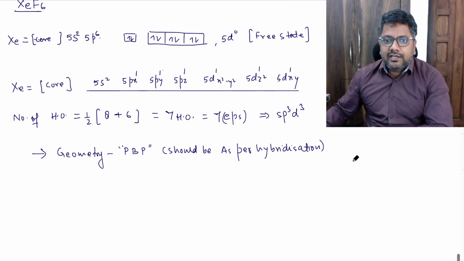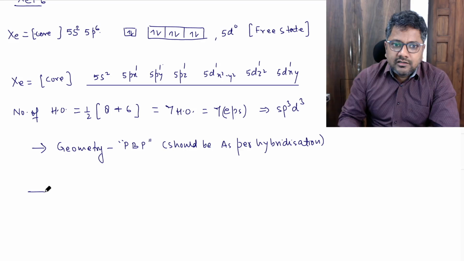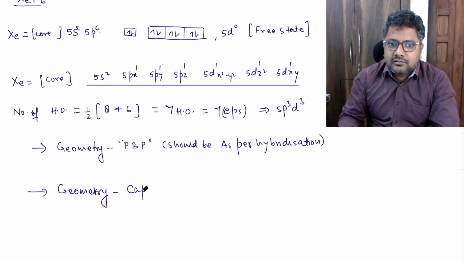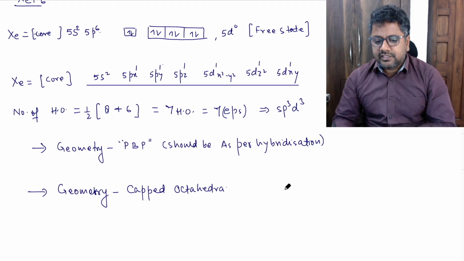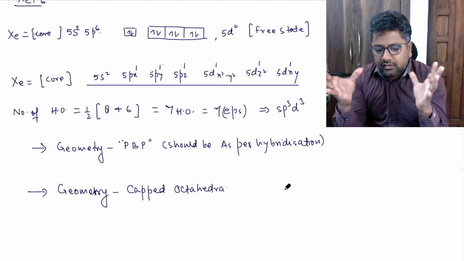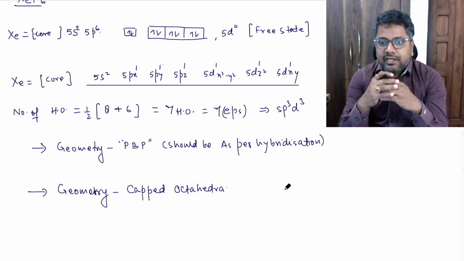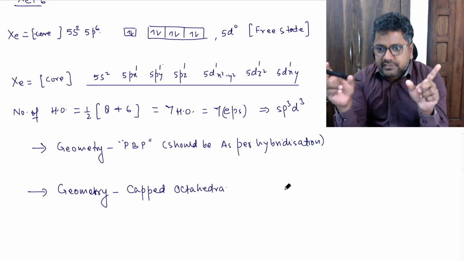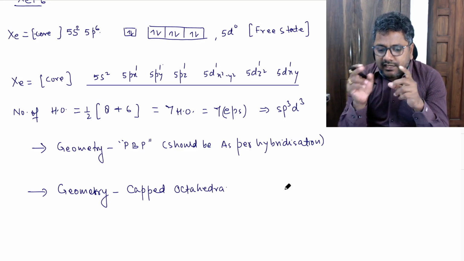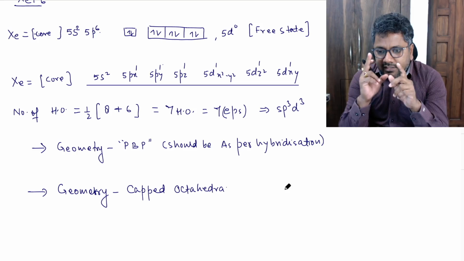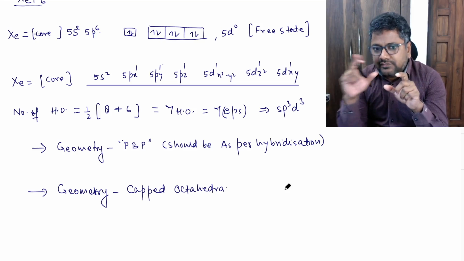So this is the reason why its geometry is capped octahedron. Capped octahedron means the 6 fluorine atoms occupy the 6 octahedral positions, and the lone pair will occupy one of the trigonal faces, at the center of the trigonal face.